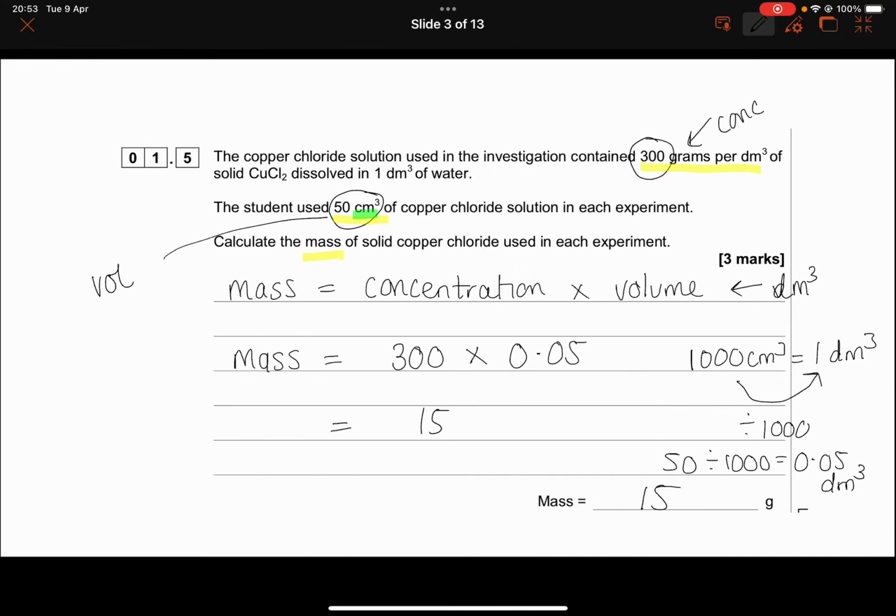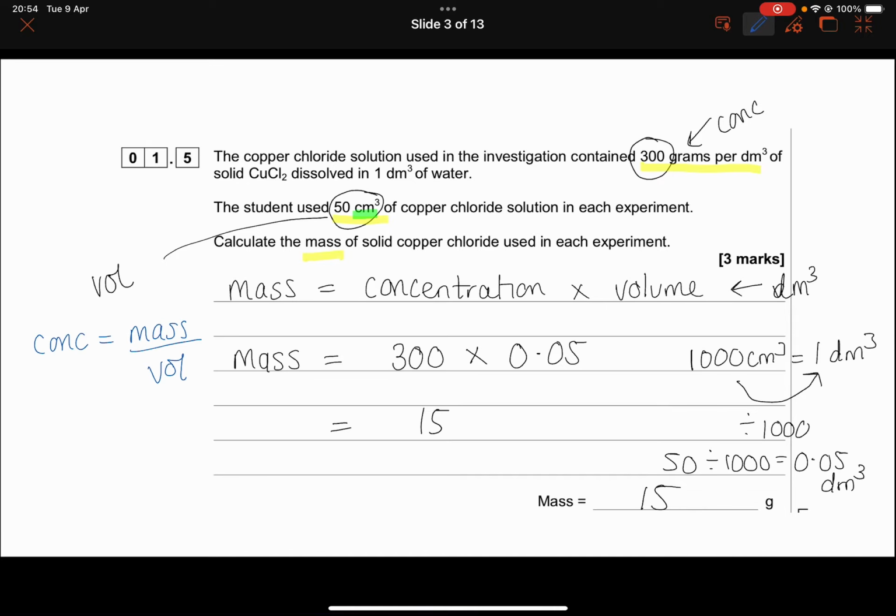Now, in addition to this, you could be expected to rearrange that equation. So again, if you're asked for concentration, concentration is mass divided by volume. Again, that volume has to be in decimetres cubed. Nine times out of 10 you're given the volume in centimetres cubed, so make sure that you do that conversion into decimetres cubed.